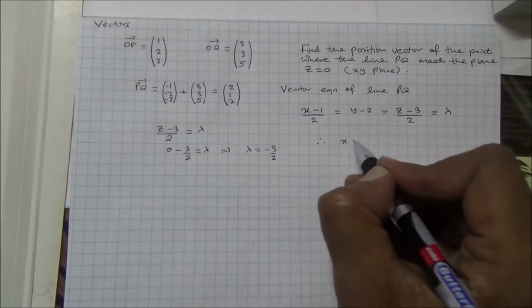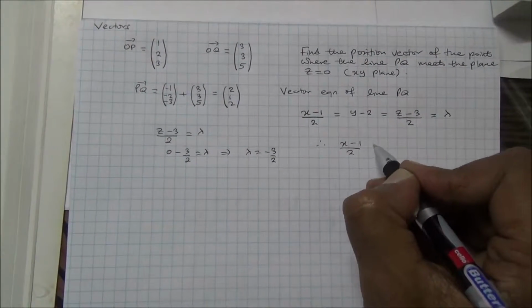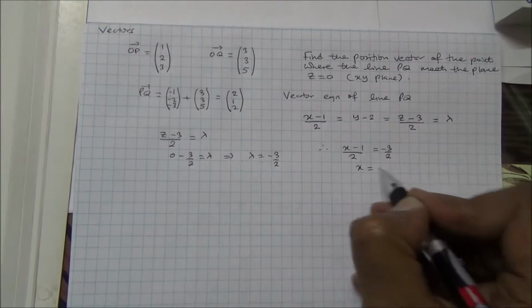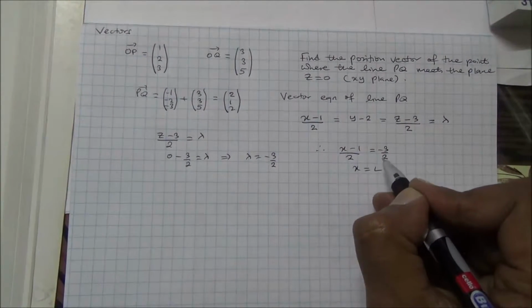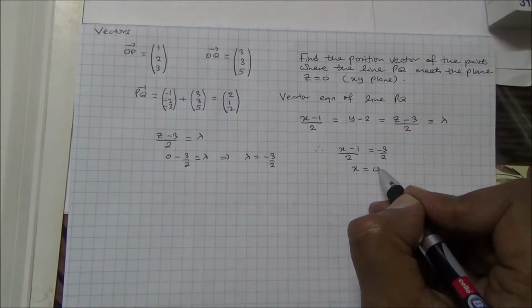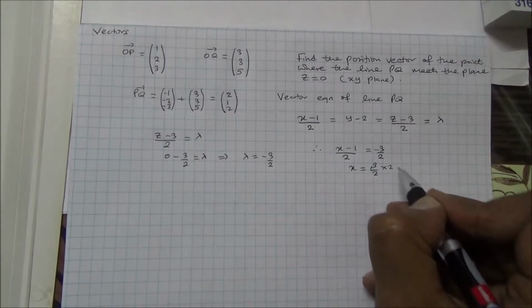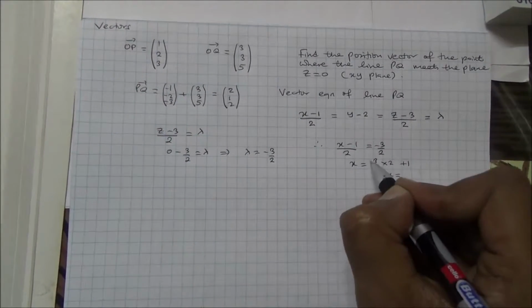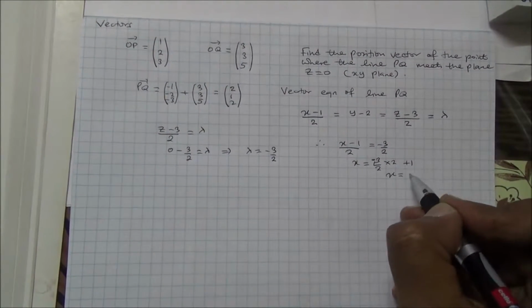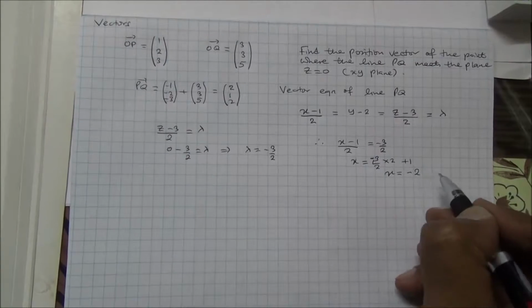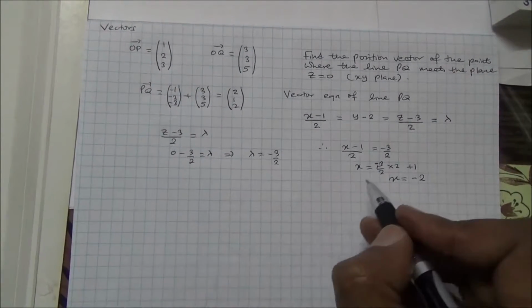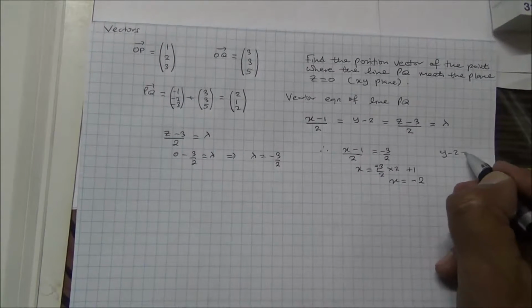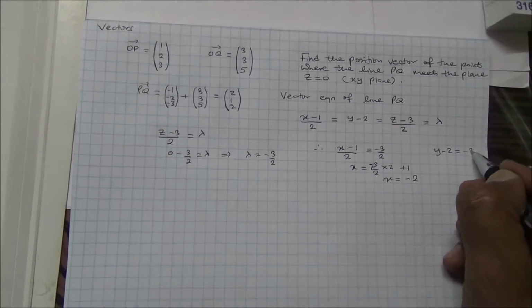Therefore (x minus 1) over 2 is equal to lambda, minus 3 over 2, meaning that x is going to be minus 3 over 2 times 2 plus 1. X is going to be minus 3 plus 1, so minus 2. And also we have y minus 2 equal to lambda, and lambda is minus 3 over 2.